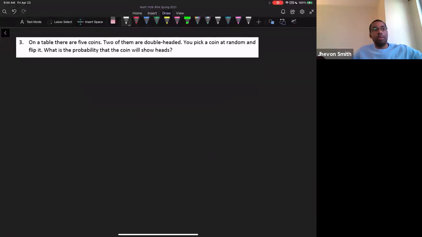On a table, there are 5 coins. 2 of them are double-headed. I mentioned that you can't actually create an unfair coin. It's actually mathematically and physically impossible. The only way someone could actually create an unfair coin is to have 2 of the same sides, like Two-Face in Batman, or they'd literally have to bend the coin some way. And if it's slightly bent, you can probably change the probability from heads to tails, but otherwise it's impossible.